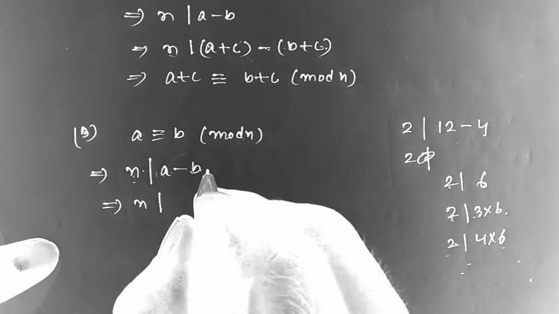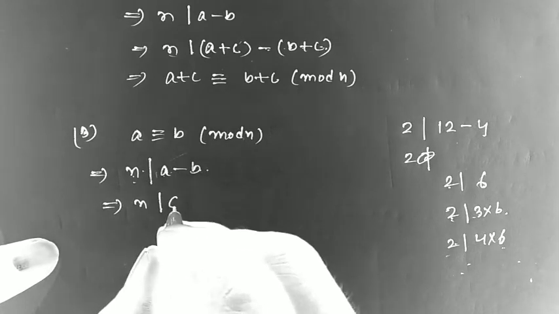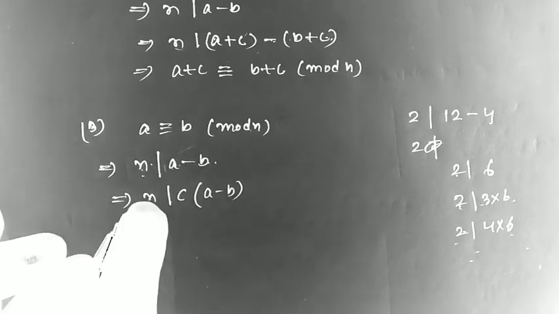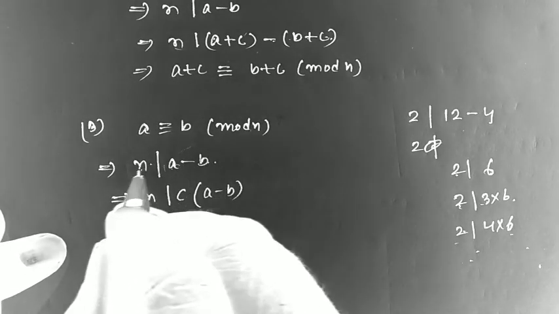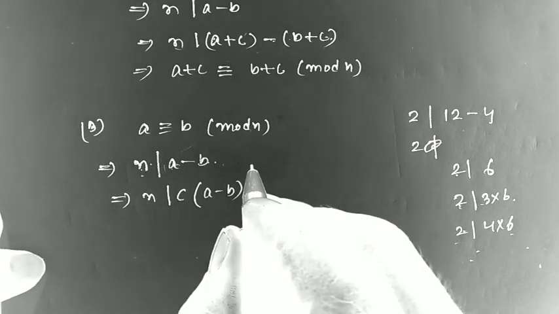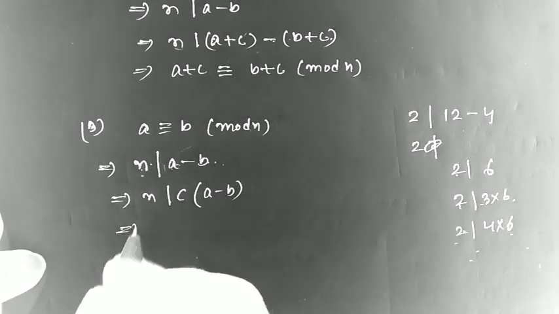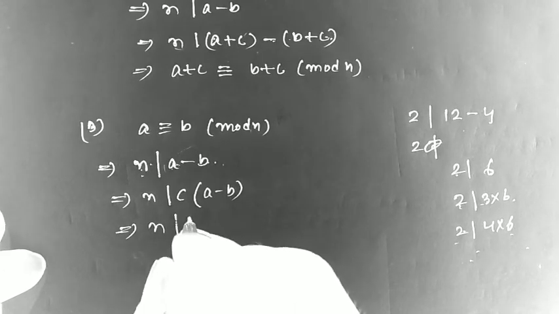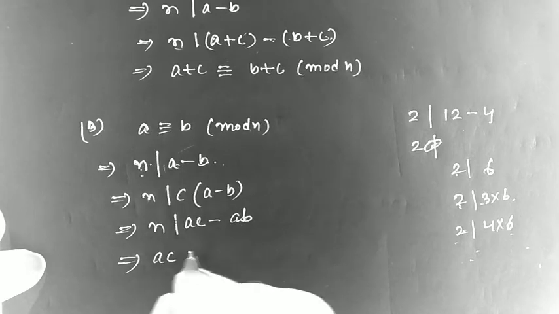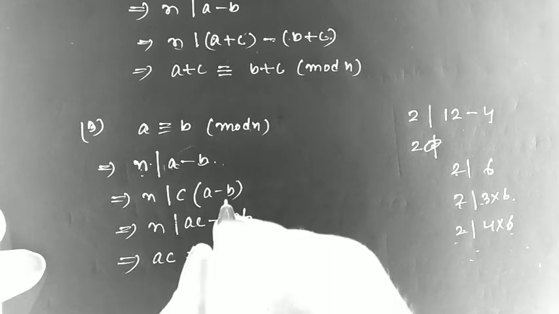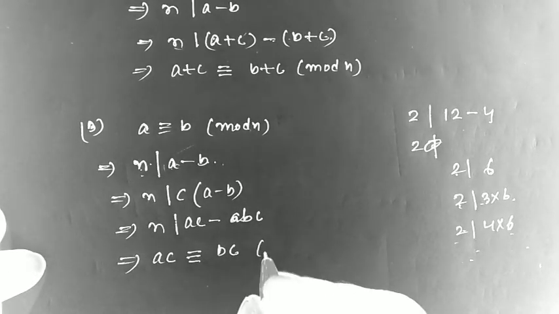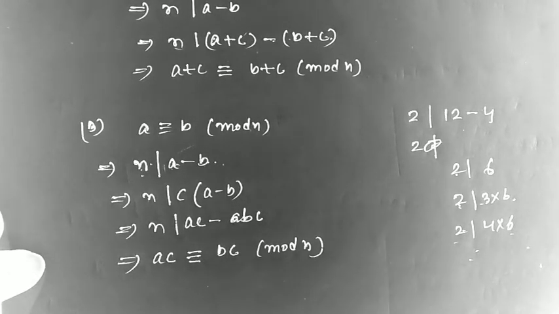So if we multiply here by c, it is also divisible by n, because when a fixed number divides another number, it doesn't matter what number we multiply. So it can be written as n divides ac minus bc. So ac is congruent to bc with mod n.